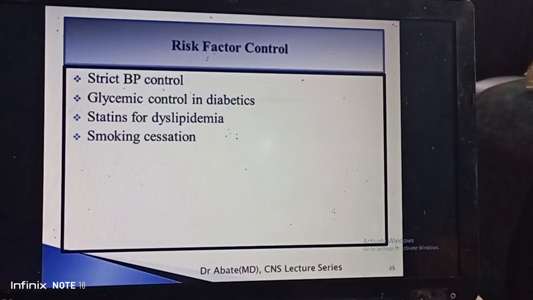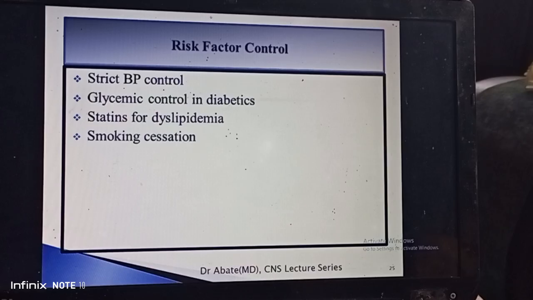So both hypoglycemia and hyperglycemia are devastating for a patient with stroke. So for glycemic control, you have to do random blood sugar, whether the patient is diabetic or not. Every 6 hours, random blood sugar should be done for a patient who has stroke.